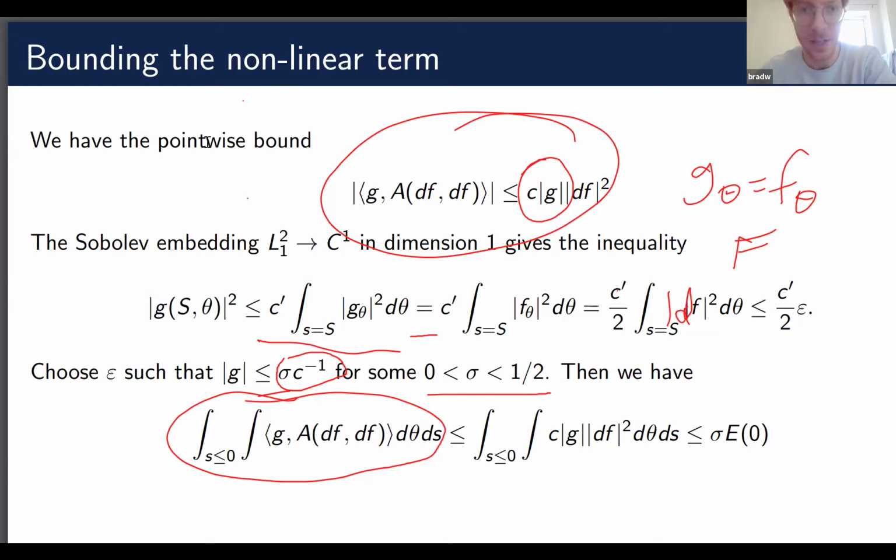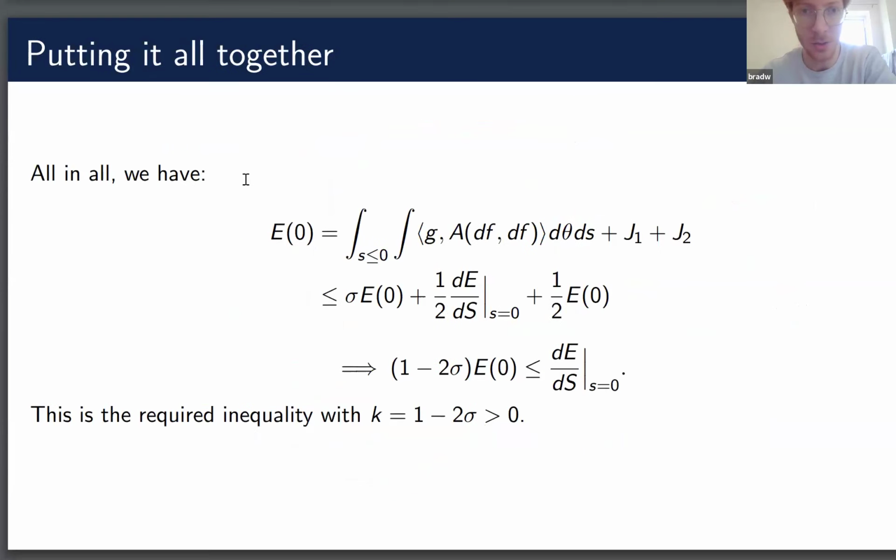Okay, and now we're pretty much done, because all we need to do is plug in these bounds. So the total energy of zero is bounded by this sigma E of zero, which we just proved, plus these other terms which we had before.